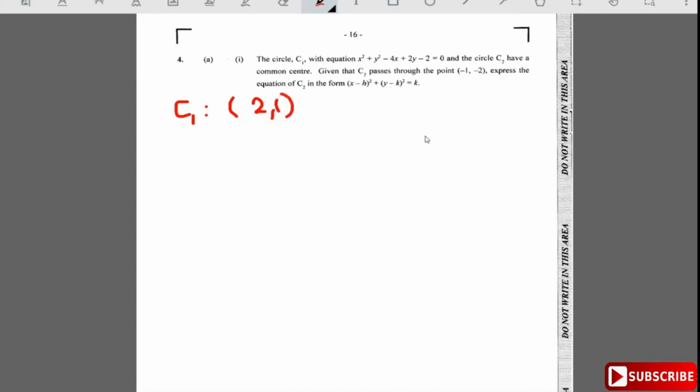So you have a circle. This is C2. You have 2, 1 is right here. Sorry, 2, 1 is the center of C2. I don't know why I put the point on the edge.